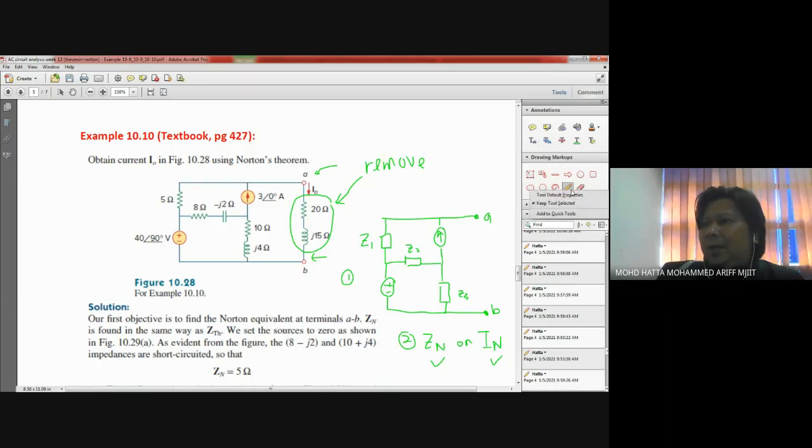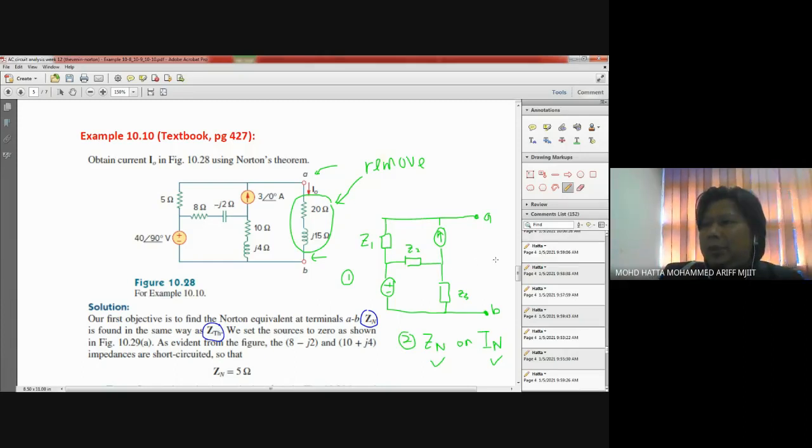All right, now how do we calculate this Zn? Remember earlier in the class, I said that Zn is basically equal to the value of Zth, and the way we determine the value of Zn and Zth is also the same.